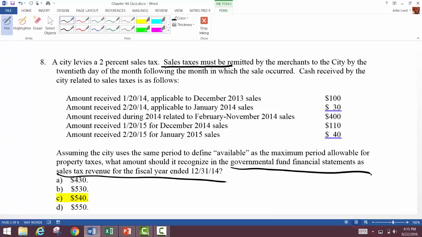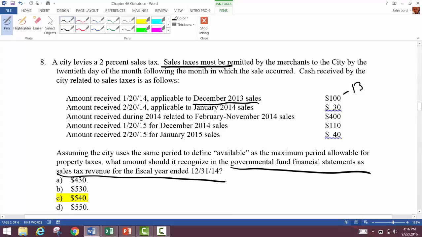So I've got amount received in 2014 applicable to 2013 sales. Is that 14 money? Why? It's applicable to 2013 sales. I take the revenue when the underlying sale takes place, don't I? And since they collected that within 60 days of the year in which the underlying sale takes place, that's 2013 money, right? Okay, good.